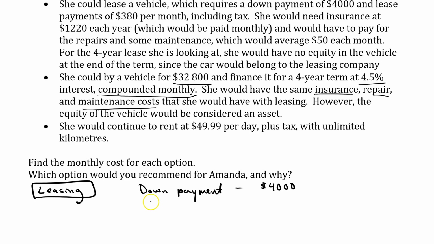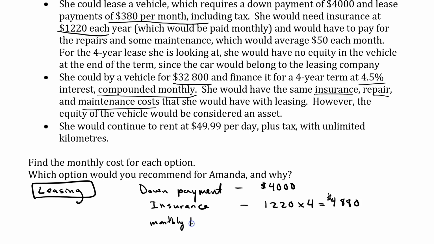Another thing that we would have to pay for is insurance. So that is $1,220 per year times 4 years, which would be $4,880. Another thing is we need to take into consideration the payments each month. That's important. Monthly lease payments.